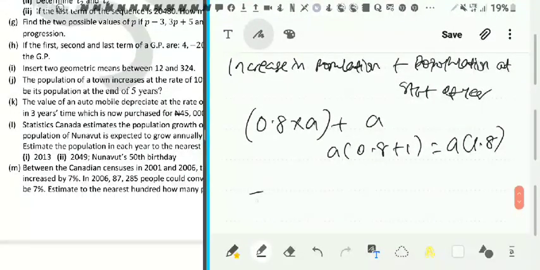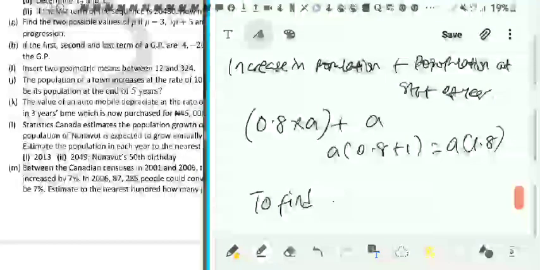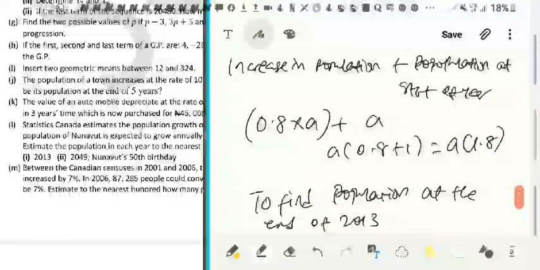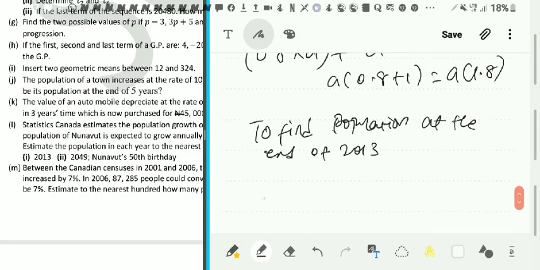So now, to find the population at the end of 2013, though it was not specified here whether at the end or at the beginning of 2013, let's just work for the end of 2013. Let's assume that's what they are looking for. That's the population in the next 5 years, so we're going to be using T6 equals AR5.